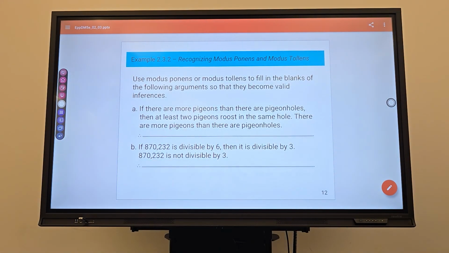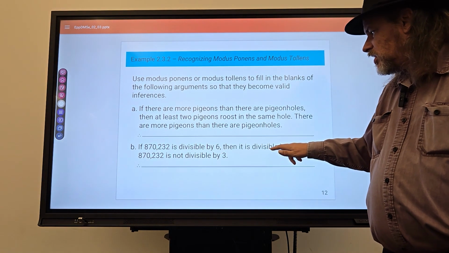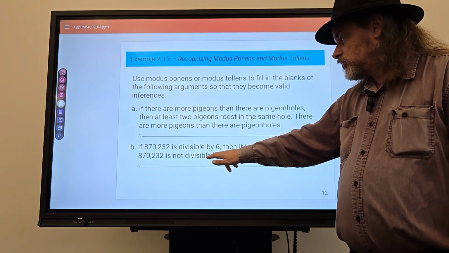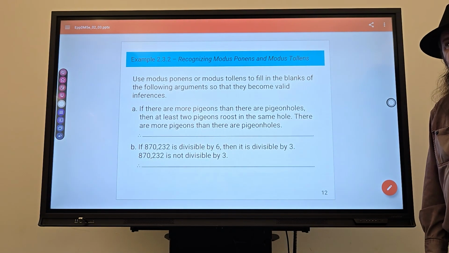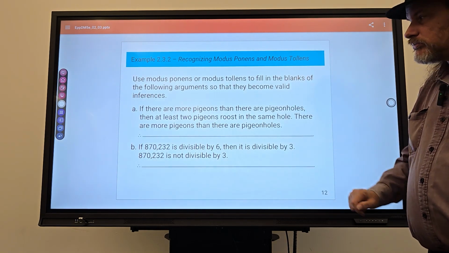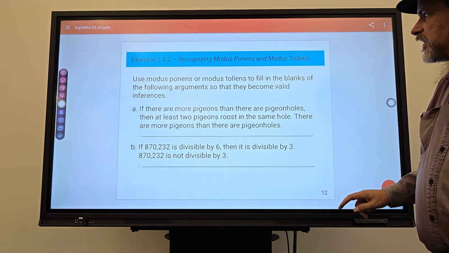That's modus tollens. If P then Q and not Q, then not P. Okay? Like I said, they didn't express that on the slide. Not yet.